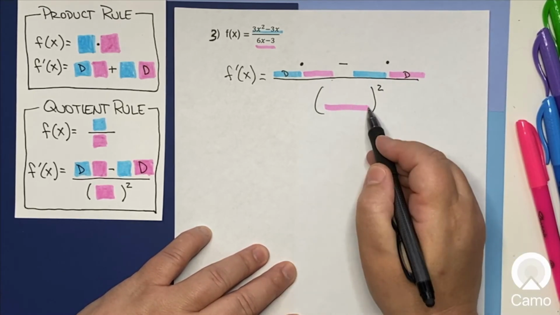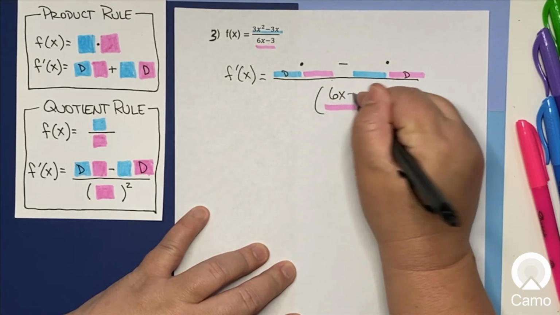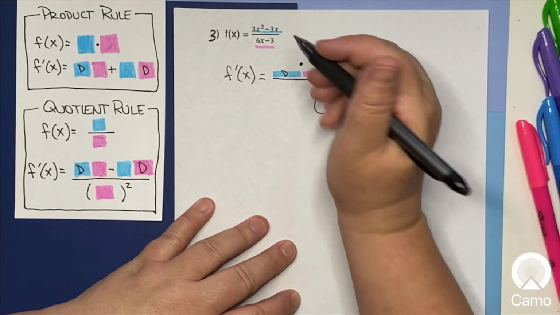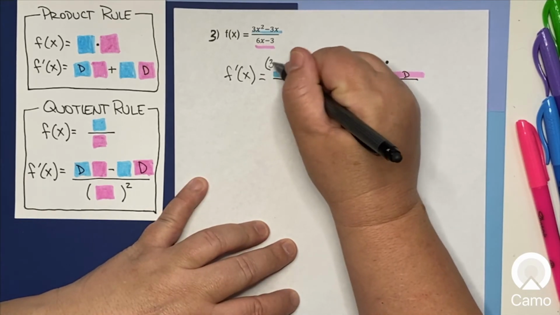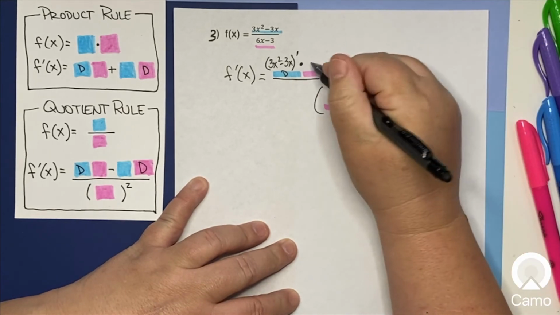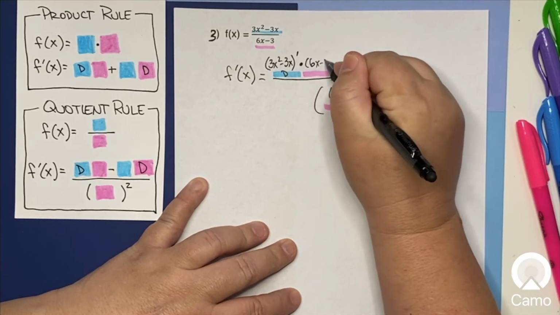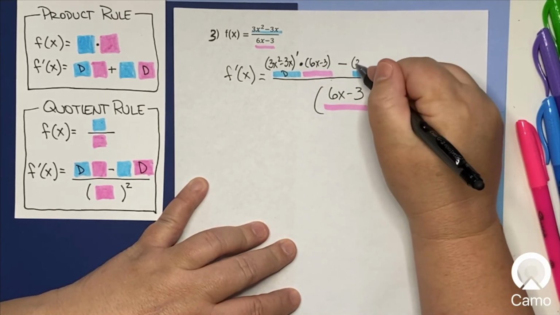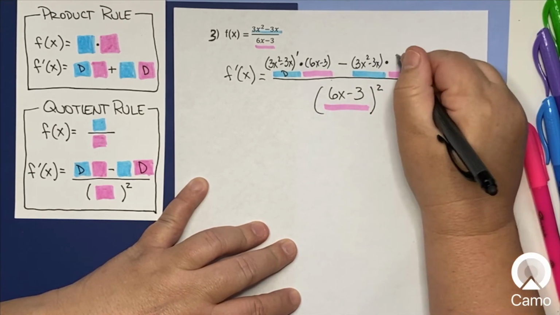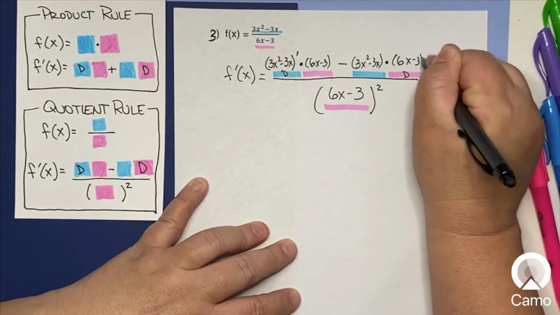And then down the denominator, we're going to get whatever's down there, and it's going to double down. We're going to square it. Okay, so I had to take the derivative of 3x squared minus 3x, and then play in 6x minus 3, and then play in 3x squared minus 3x, and then the derivative of 6x minus 3.